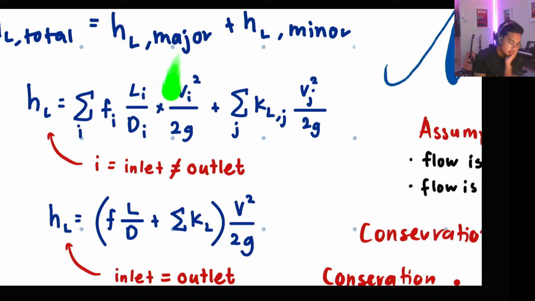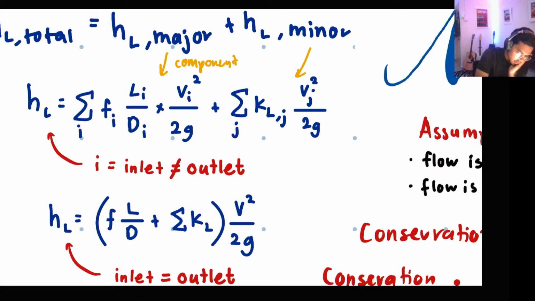This is the major component, this is the minor component. Okay, let's jot that down. So if you want to find the minor losses only, use this. If you want to find the major losses only, use this.